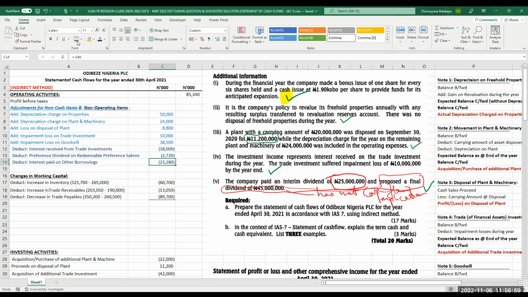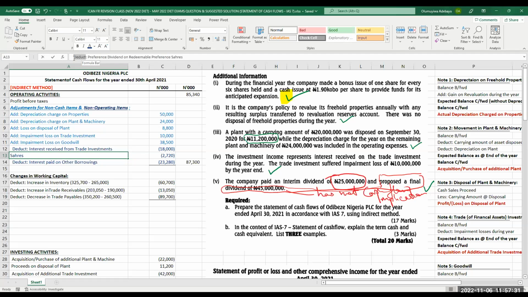Now, all things being equal, what do we have here? We have 87,300. Am I right? Sorry, I think I missed it. I can't deduct this. I'm to add the dividend paid and the interest. Sorry.